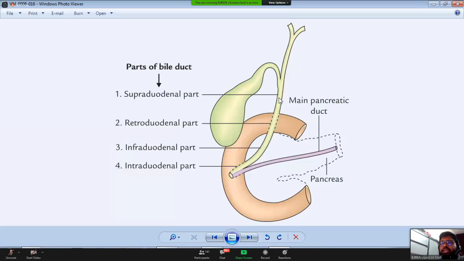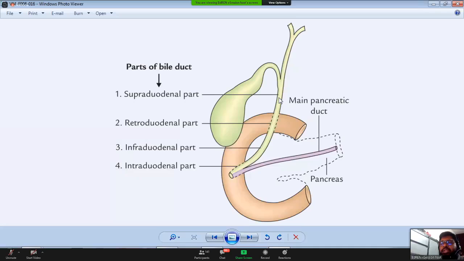Supra means it is above the duodenum, the first part of the duodenum. Retroduodenal is behind. Infraduodenal is below, and intraduodenal means that these two ducts actually join together and pass a little course through the musculature or wall of the duodenum, ultimately to open into the duodenal cavity or lumen.